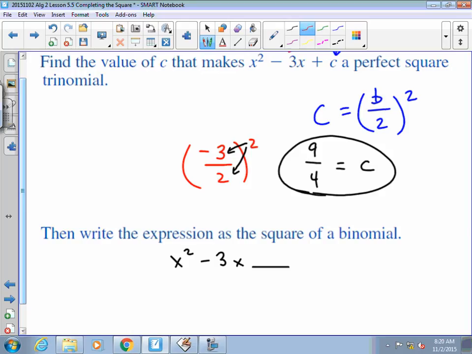So right here, what is our new value for c? It's positive 9 over 4. From there, it says write this expression as the square of a binomial. Take about 10 seconds to see if you can figure that out. Remember, take the square root of both of them.